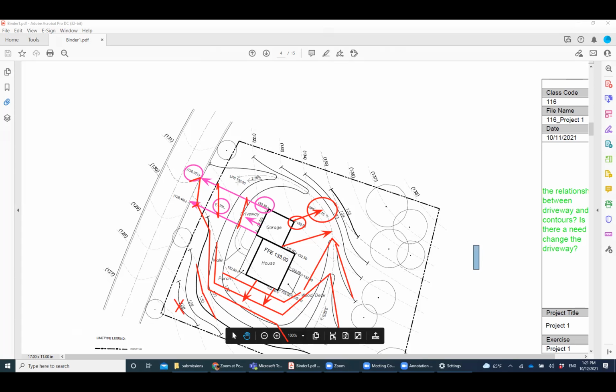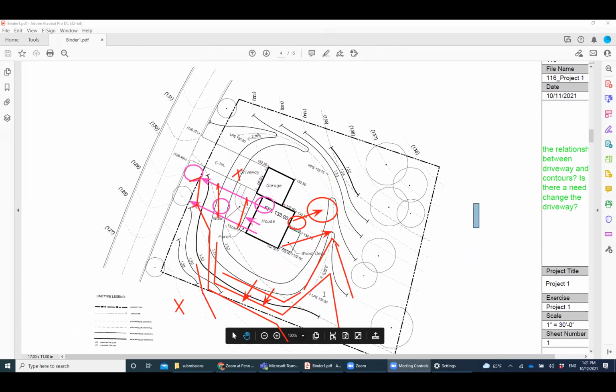130. Oh, okay. So this is not 130.50. Based on the location, it should be 131.50. And for this part, let's see, it's being blocked, so I'm just going to move.